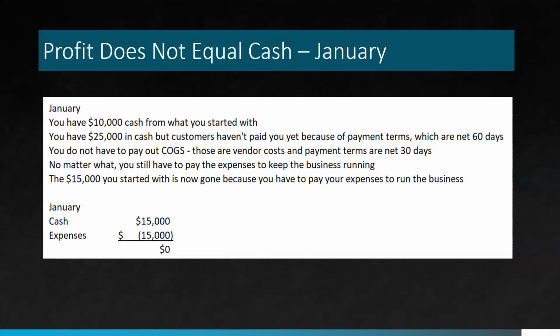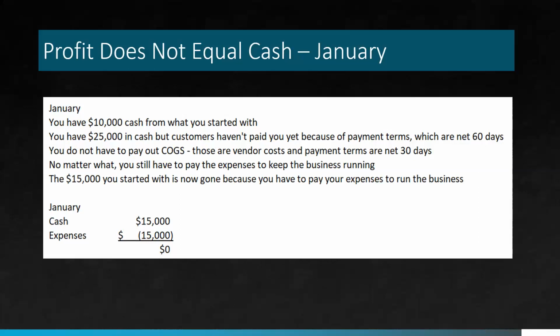And for costs of goods sold, those are the vendor costs, right, used to create these websites. And those payment terms are net 30 days. So whatever my costs of goods sold are for January, I don't have to pay them until February, right?